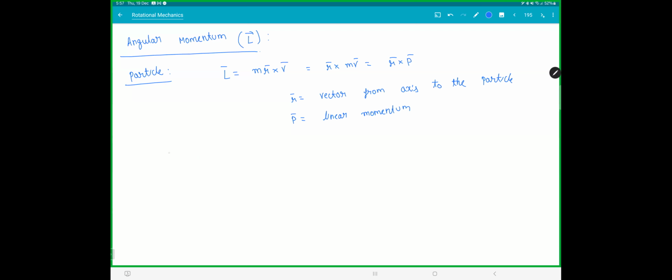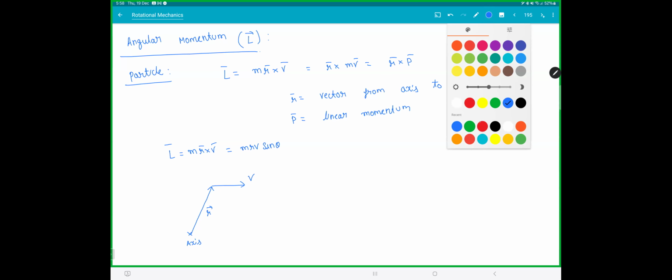Now, how do we calculate this? So we can write L bar as m r cross v bar, which is m r v sine theta. Just like torque, we can do it two ways. If you take this is v, this is r bar, this is the axis.